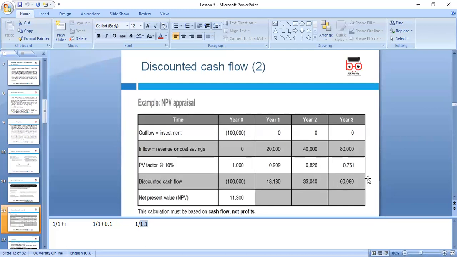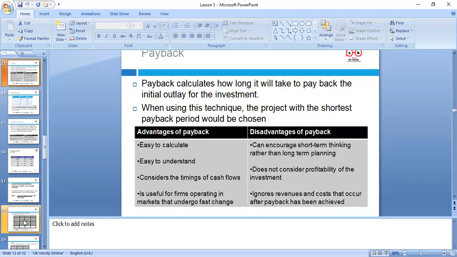In year 3, if you're getting 80,000, you're actually not getting 80,000. The real value is 60,080 pounds. So you add them all up, the inflows, the money you're getting, minus your outflow. If your inflows are higher than the outflow, so we have a positive NPV, we accept the project. If you're comparing two projects, A and B, always look for the higher NPV. That's the key concept, NPV, net present value. If positive, accept; if negative, reject.